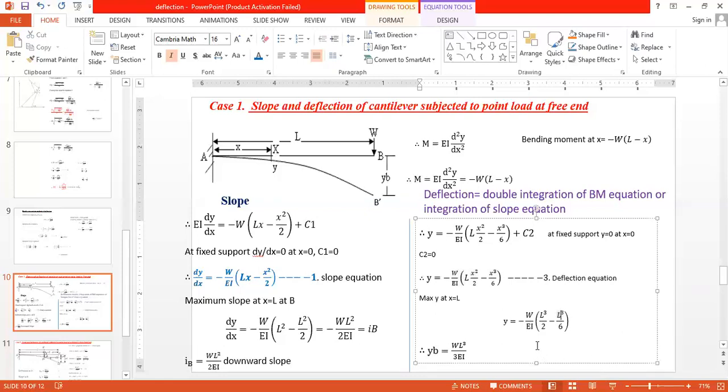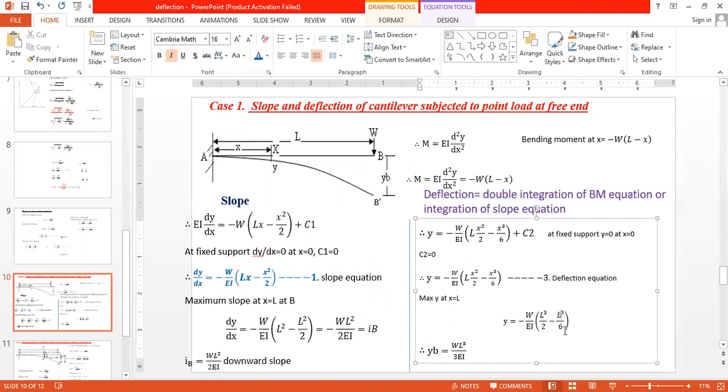That is minus WL by EI, L cube by 2 minus L cube by 6. Just put x is equal to L in equation 3. When we replace this, it becomes L square into L, it is L cube. L cube by 2 minus, x is equal to L, L cube by 6.